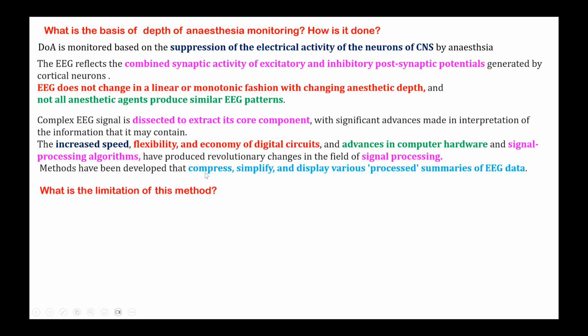And methods have been developed to compress, simplify, and display various processed summaries of EEG data. That is how we are able to present the depth of anesthesia in the various machines that we have. But there are limitations to this method.